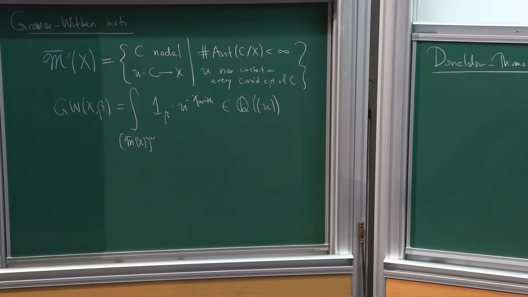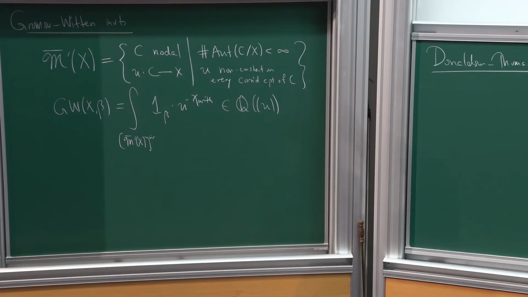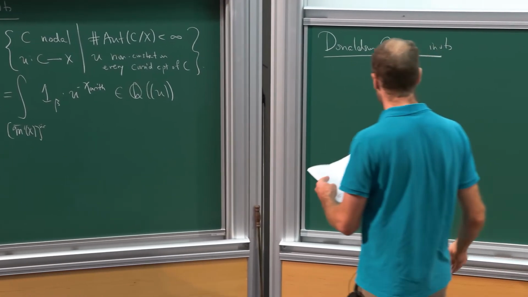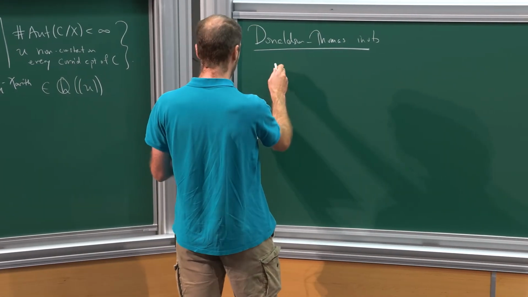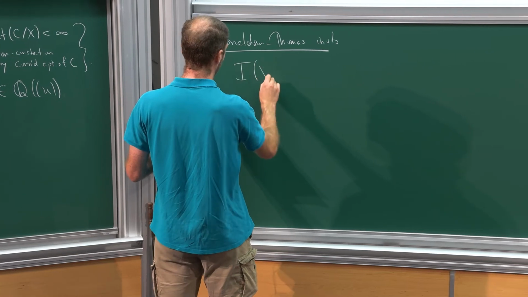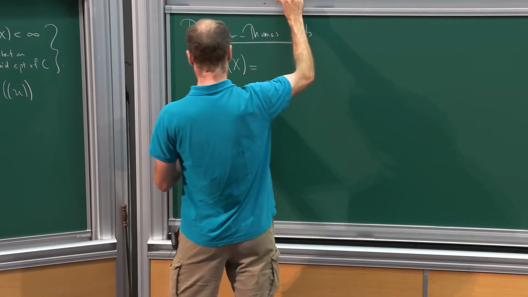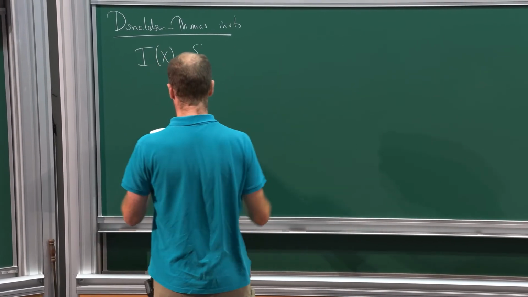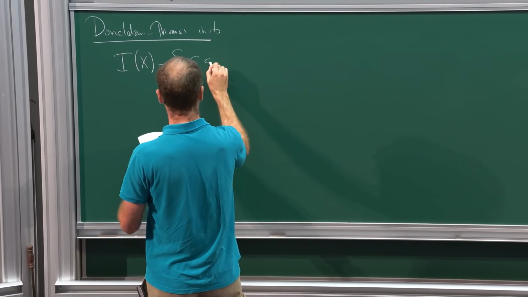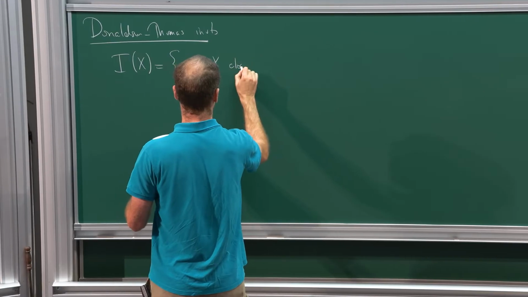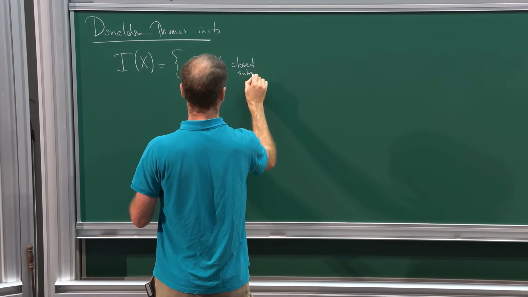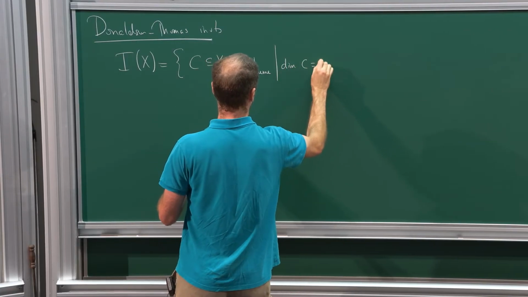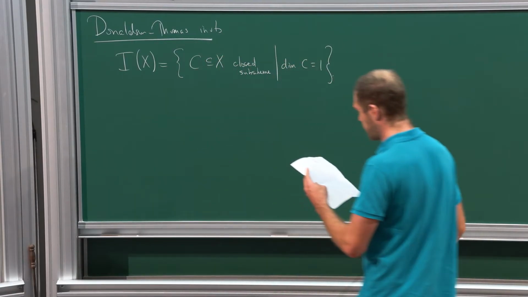For this compactification, we're going to view C as cut out by some equations and allow those equations to degenerate. To be more precise about what that actually means, we look at closed subschemes of dimension 1.